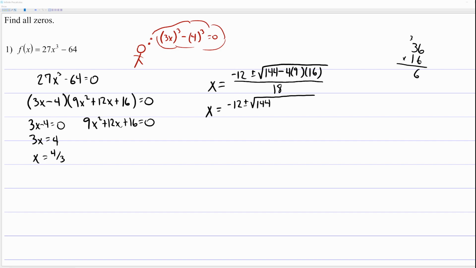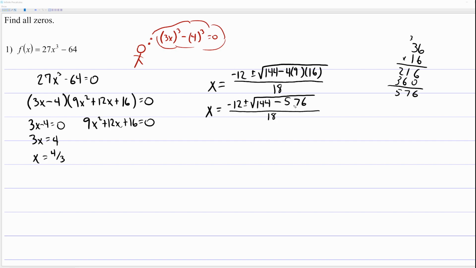Carry my 3. 18, 21. Go to 0, 6, 3. So we have 5, 7, 6. Did I say 567? Sorry. 576. All over 18.